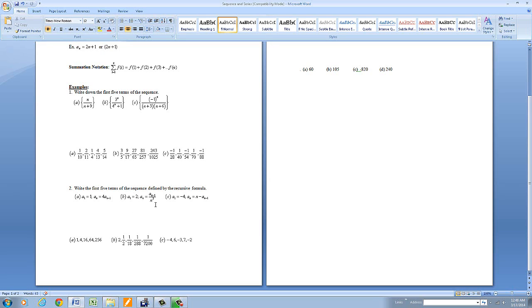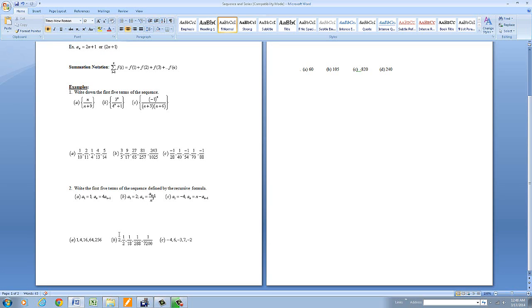Okay, so that means if you want the second term, that would be A2, and this then would be 2 squared here because you want the second term, and then 2 minus 1 would be 1. So this is saying to get the second term, divide the previous term by 2 squared.